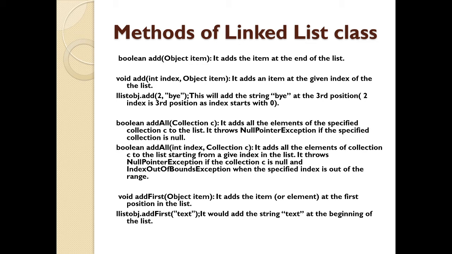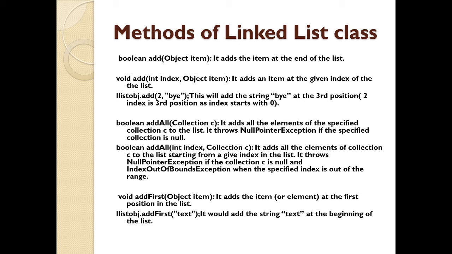Now Boolean addAll will be in a similar fashion. I can insert the collection in my linked list, but not at the end; I can specify it at a specific index. So all the elements of the collection C are added to the list, starting from the index which I have specified here, and all the elements will be inserted after that. But here I need to check that there is not any exception.